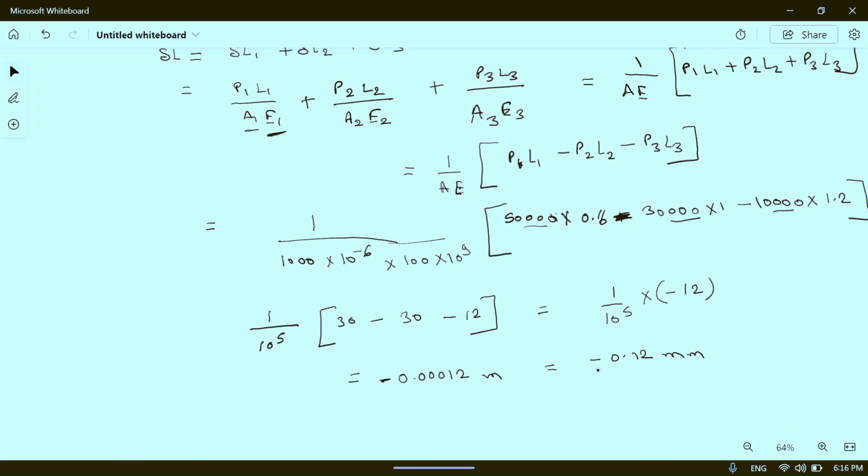The negative sign means it will be contraction, 0.12 mm. So that's the answer.